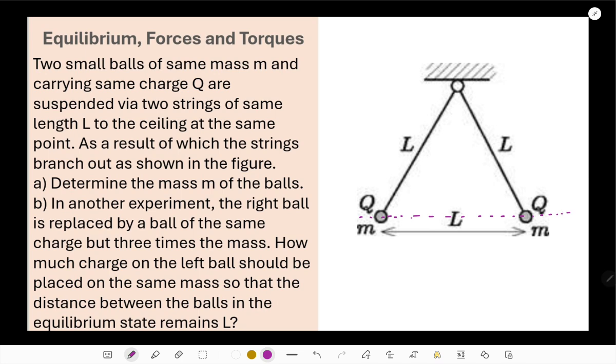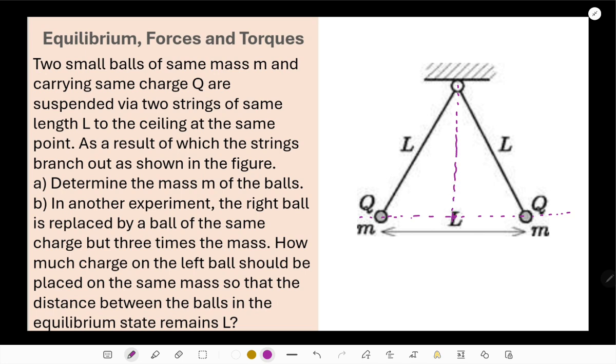So the center of gravity of the two masses, because they are the only ones carrying mass, equal mass, lies at the midpoint of the line joining them, and that should be right beneath the point of suspension.